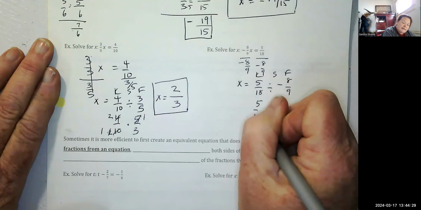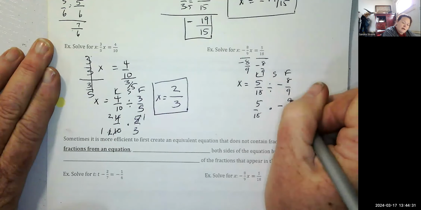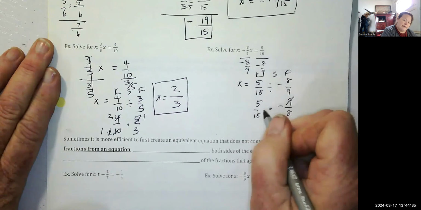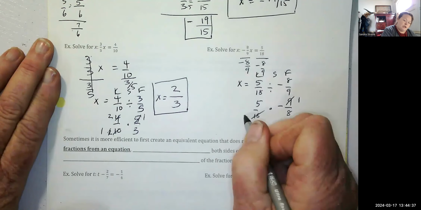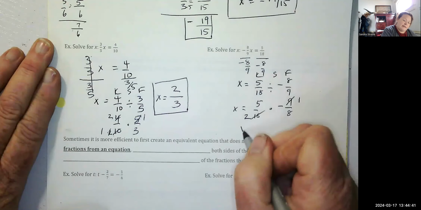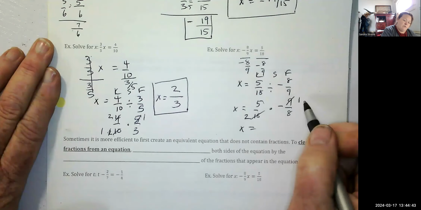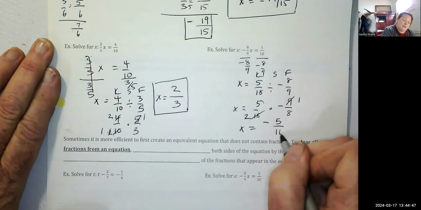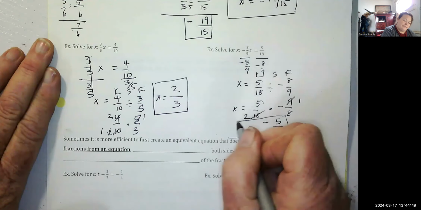So 5/18 times negative 9/8. We can reduce the 9 and the 18 to 1 and 2, and it looks like that's it. So x equals 5 times negative 1, which is negative 5, over 2 times 8, which is 16.